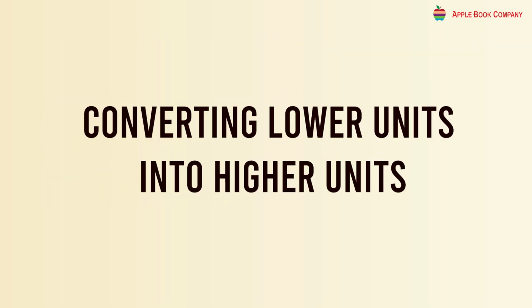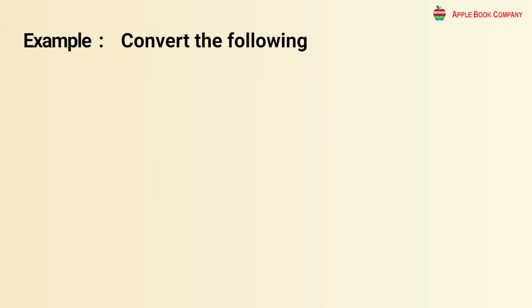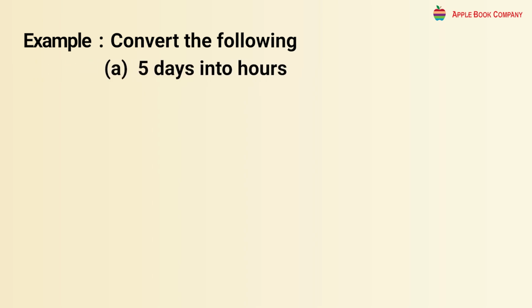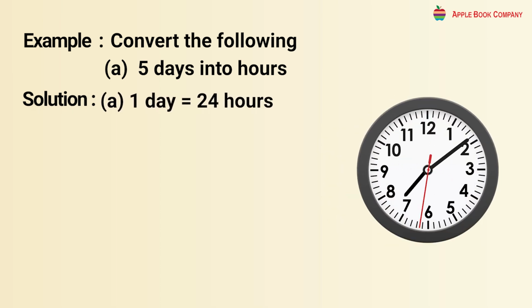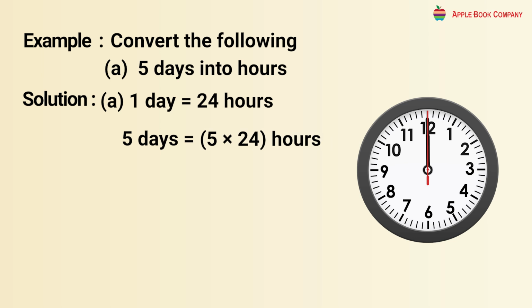Converting lower units into higher units. Example, convert the following. A) 5 days into hours. Solution. We know that 1 day equals 24 hours. 5 days equals 5 into 24 hours equals 120 hours.